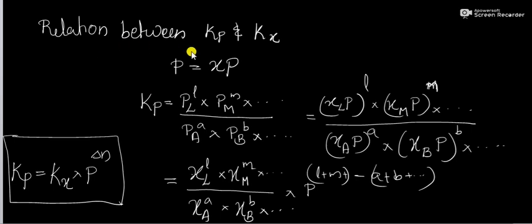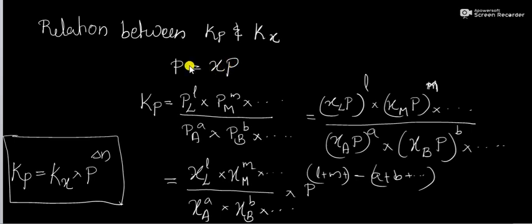Next is the relation between Kp and Kx. We know that p is equal to x into P. Here p is the partial pressure of any gas in a mixture of ideal gases, which is related to the total pressure P as p is equal to x into P, where x is the mole fraction in the mixture.